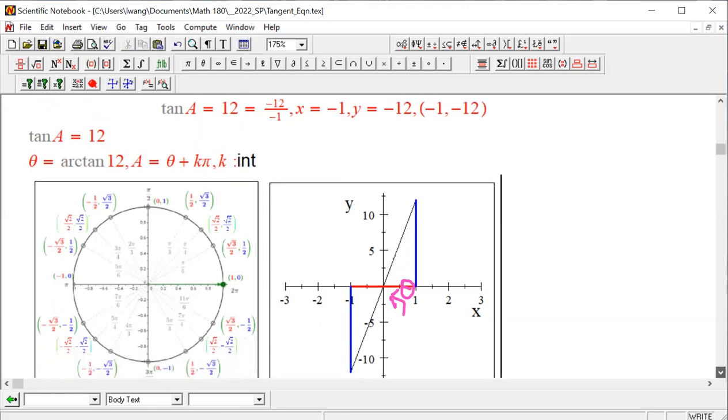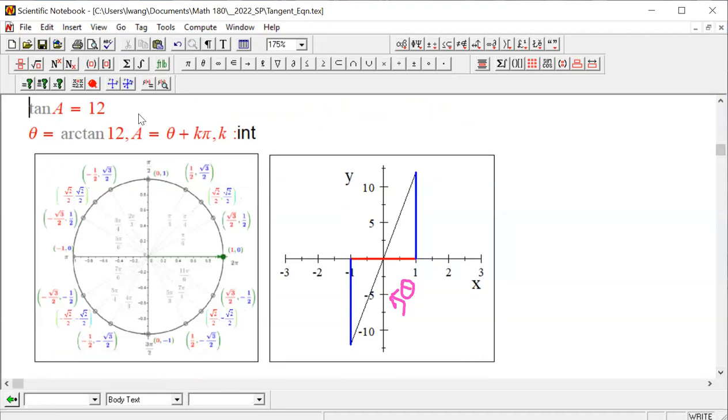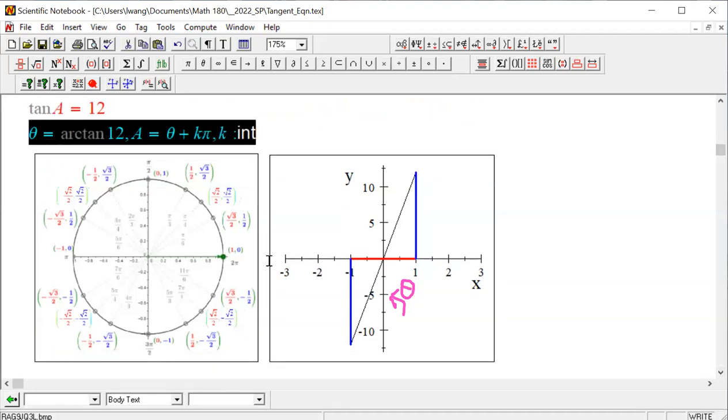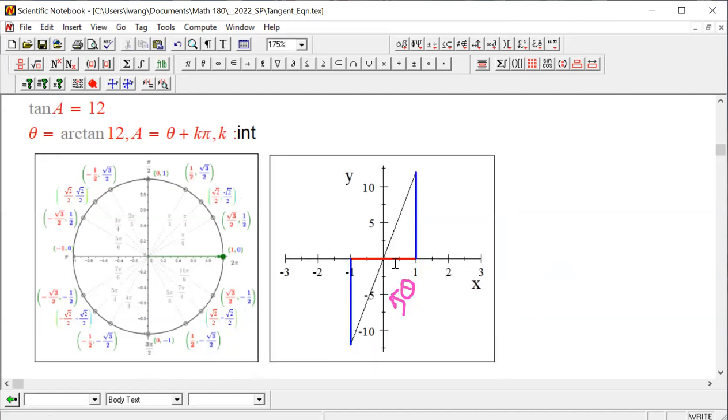To show your work, you show this picture and that will be sufficient. There's also a place on the unit circle, a red and blue in that picture, but you don't have to draw 2 pictures.